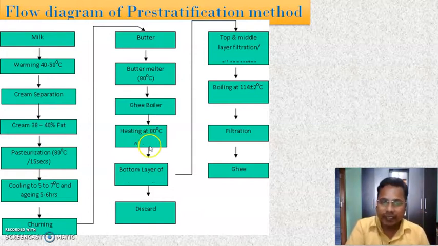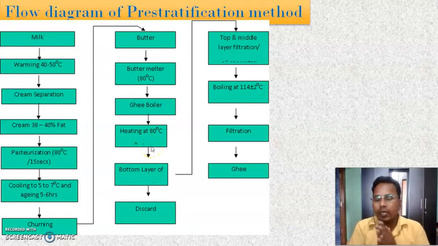Means this vessel is kept for 15 to 30 minutes as it is without disturbing. So what will happen? 3 distinct layers will form, and formation of these layers is called stratification. Strata means layer, and when 3 layers are formed, this is called the pre-stratification method.